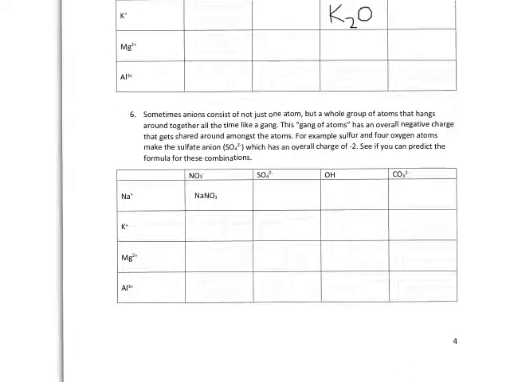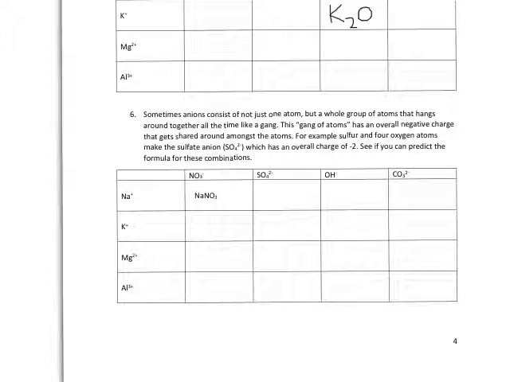So, the way it works is with this group of atoms, this extra electron just floats around between all the atoms, and they act like a little gang. But from the point of view of working out the formulas, it's very, very similar. The only thing you need to remember is if you've got a whole gang and it needs to be repeated because it either needs to donate more or to get more, then you've got to repeat the whole gang.